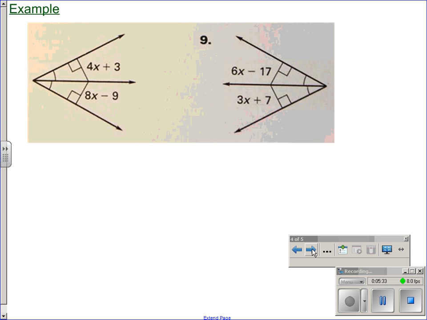All right, so for these examples, we got it right here. This information says those two angles are congruent. This is an angle bisector. So because we're going perpendicular here and here, those two things are equal. So to solve for x, we do 4x plus 3 equal to 8x minus 9, and we solve for x.